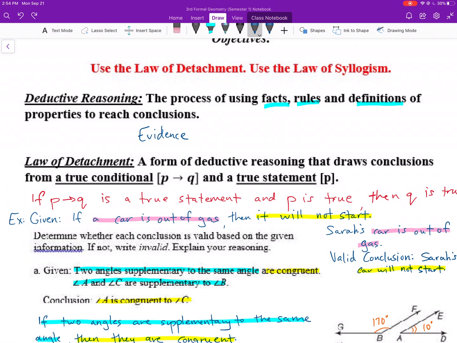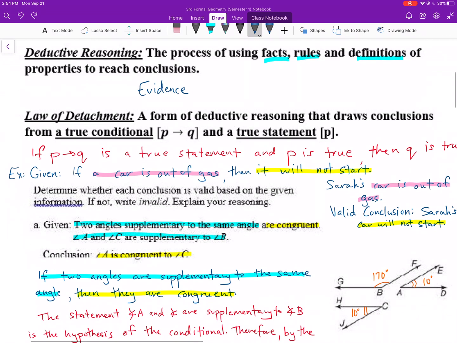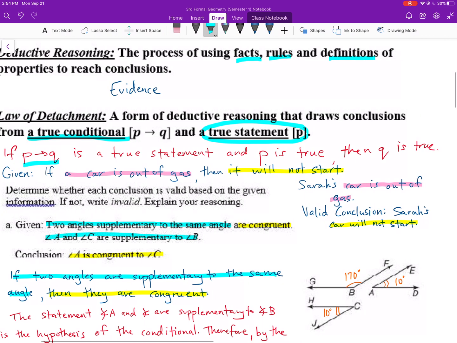The law of detachment is a form of deductive reasoning that draws conclusions from a true conditional, our true conditional being P then Q. So that means our statement, starting off P, is true. If P then Q is a true statement, and P is true, then we can conclude that Q is true.